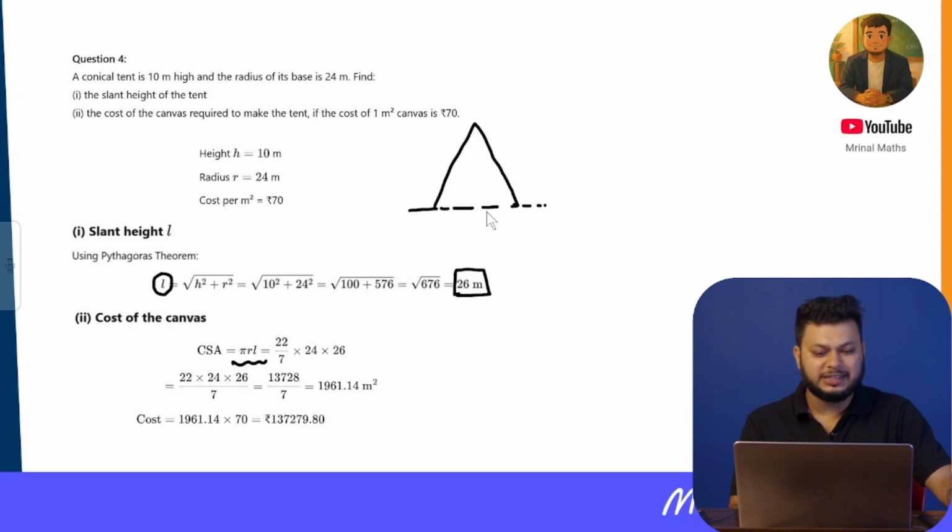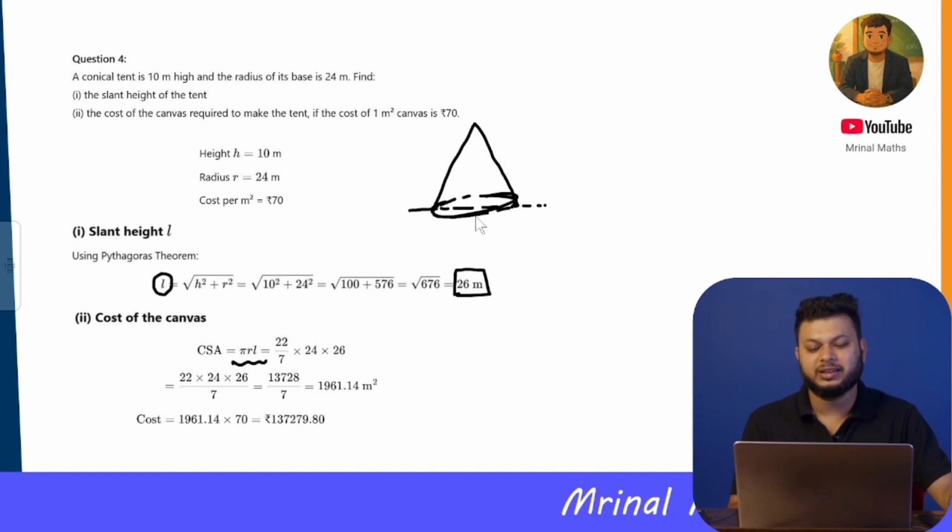So obviously you have nothing to do with the base area over here. This is an empty space which should be left. You require only materials for making these portions, but the base is left empty. For that reason, we need not calculate the base area, which is a circle again.